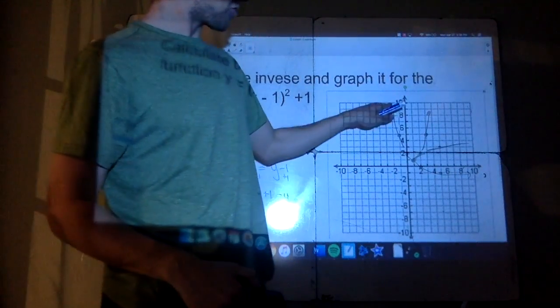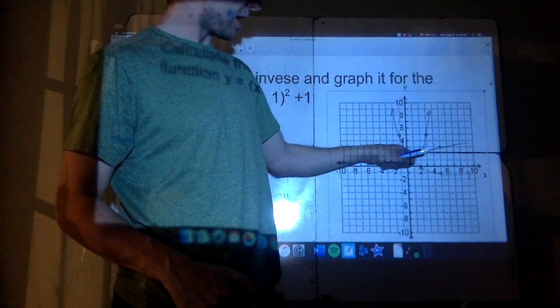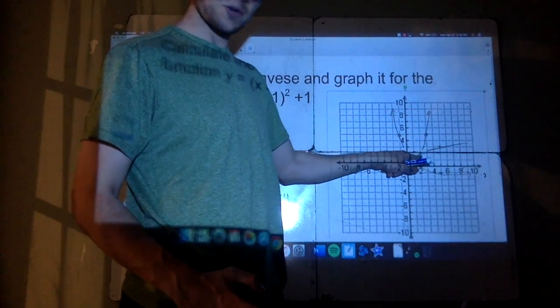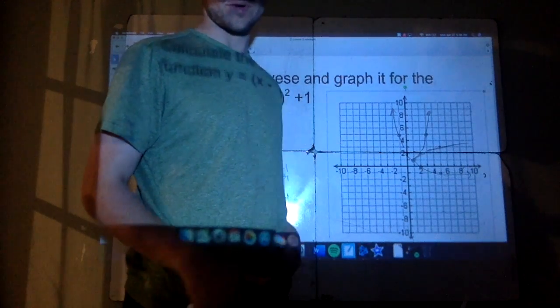All right, so I got the graphs over here. This is what your quadratic is going to look like. And then we have our positive square root here and our negative square root down there.